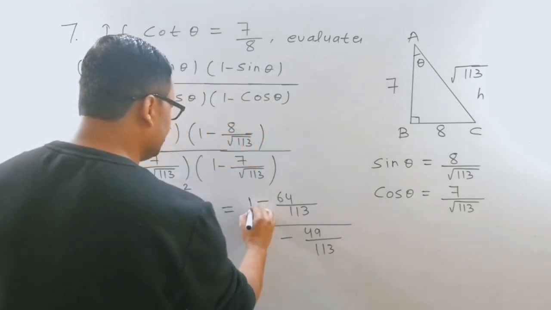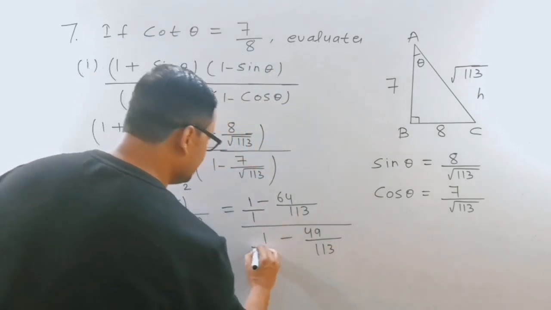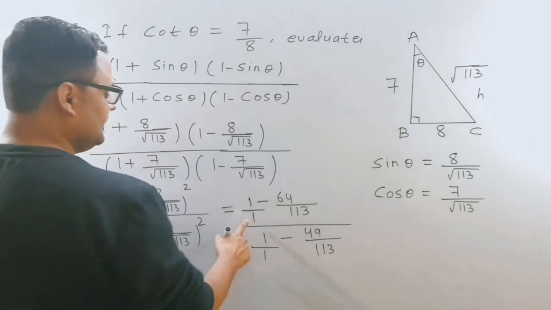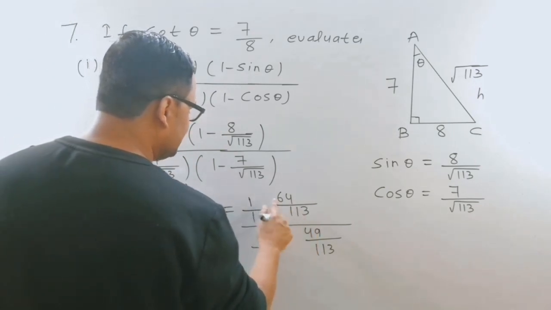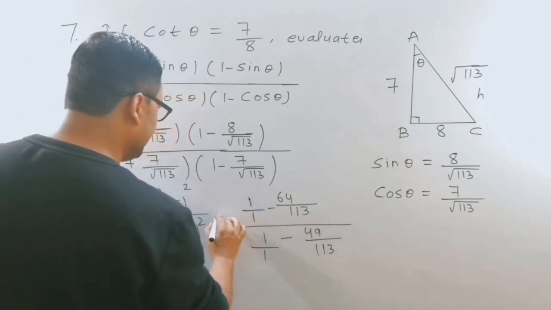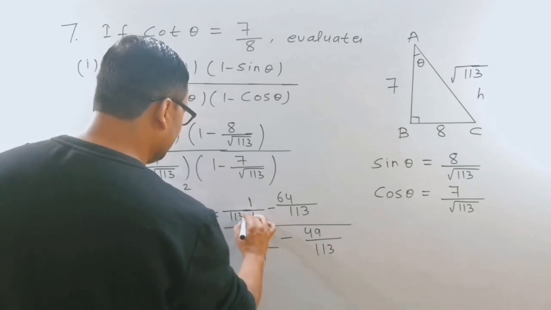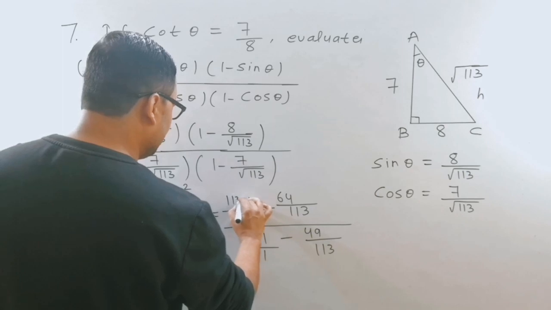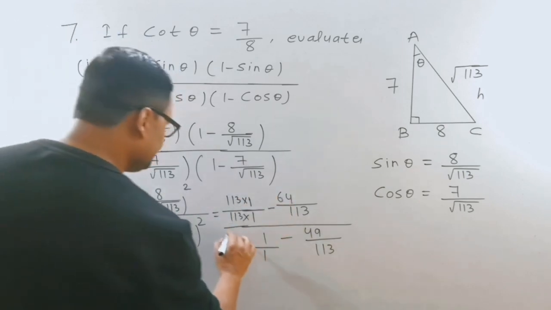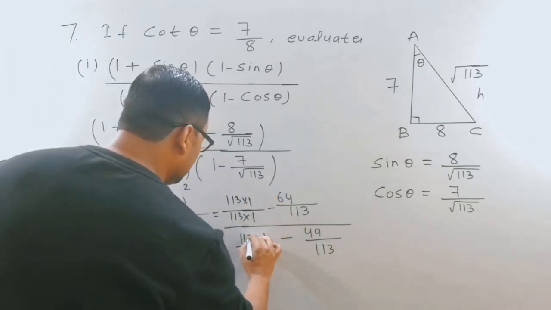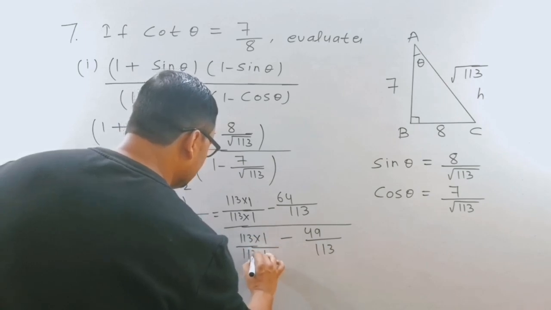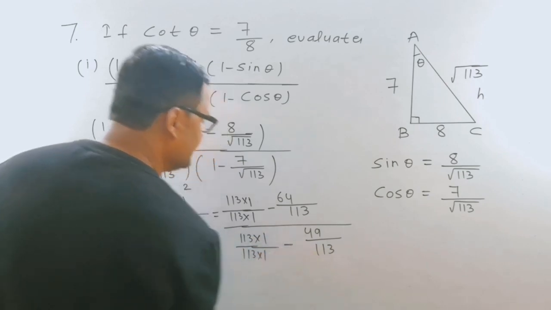Now 1 I can write as 1 by 1, this also I can write as 1 by 1. The LCM is 113, so I can continue with 113 into 1, because I have to convert them into like fractions, and again 113 into 1, this is minus.